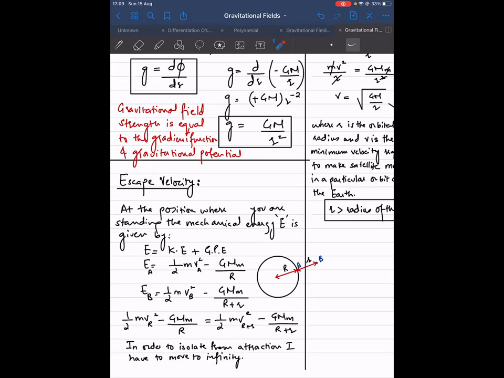Especially when you are moving either against gravity or in the direction of attraction. जब आप parallel to the direction of attraction move कर रहे हैं, चाहे same direction हो या opposite हो, तो फिर वहां आपकी potential energy में change आता है.